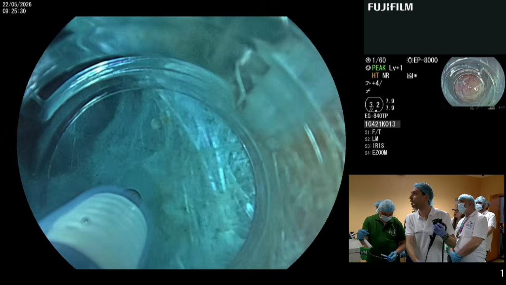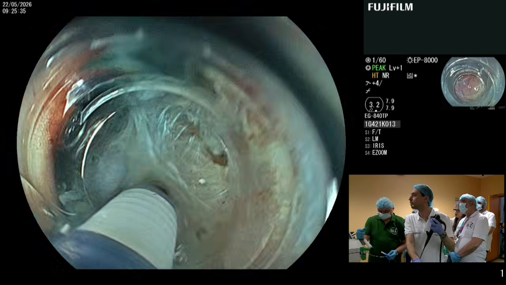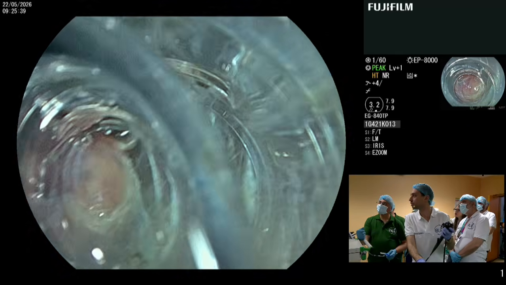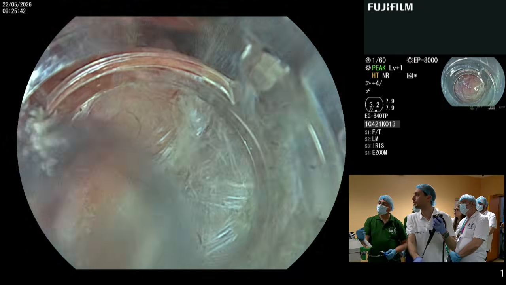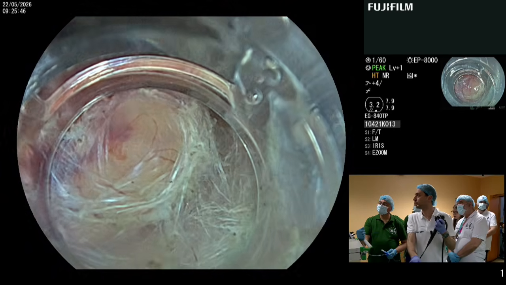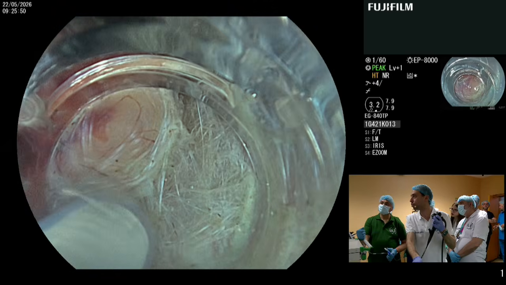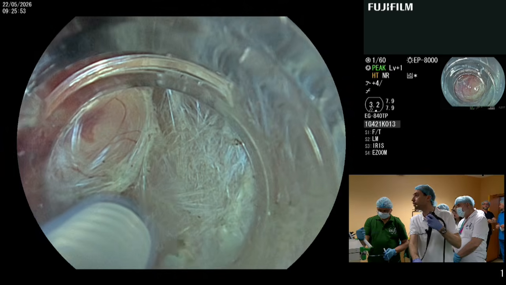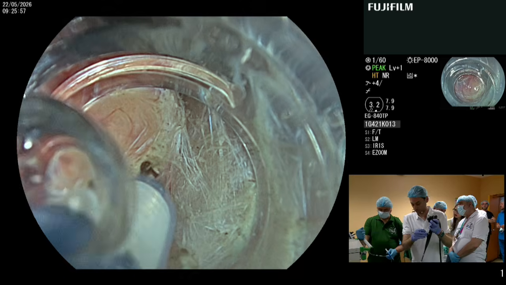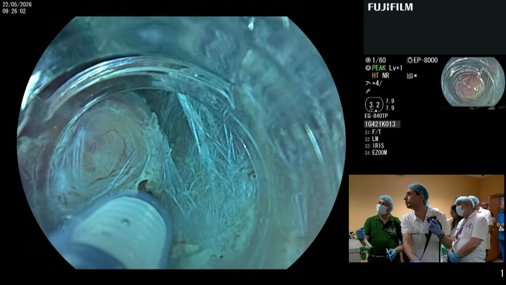I will work under saline. Okay, let's work under water, under saline for better visualization. Now, when we work under saline, we switch to endocut. Now we have to be very precise.